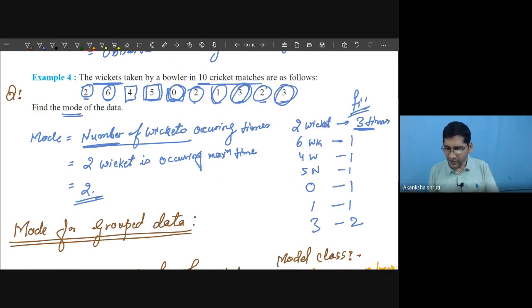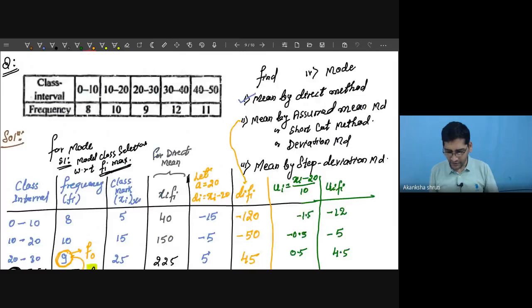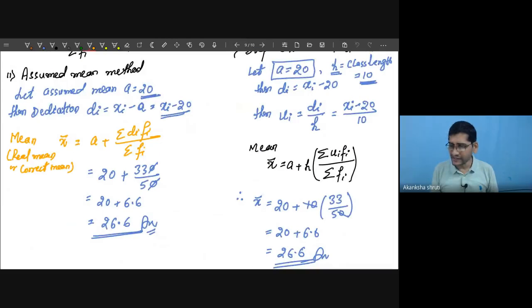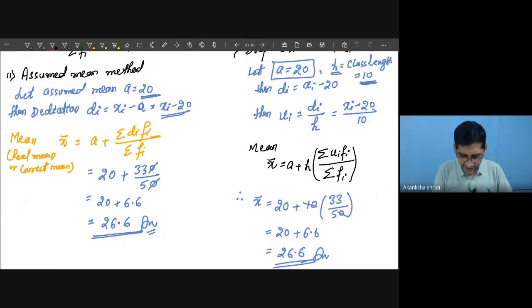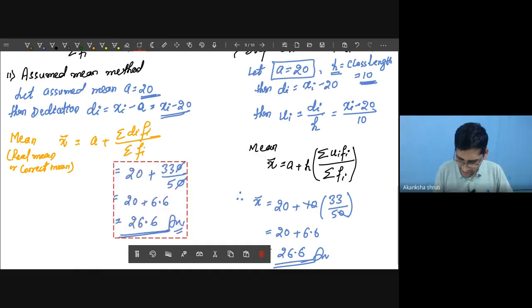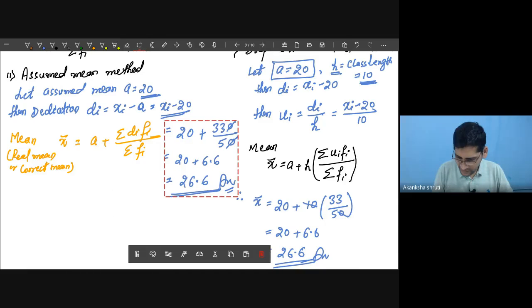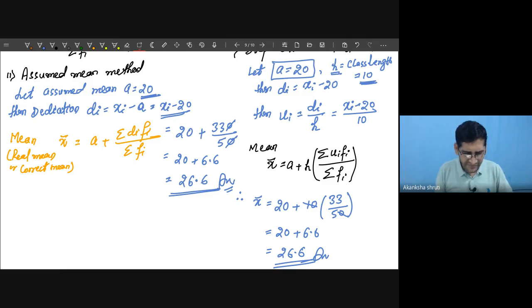Like for the above data, now I am going to calculate the fourth and final thing, that is your mode. So for this data, we have to calculate the mode. Write down, the fourth one is our mode.